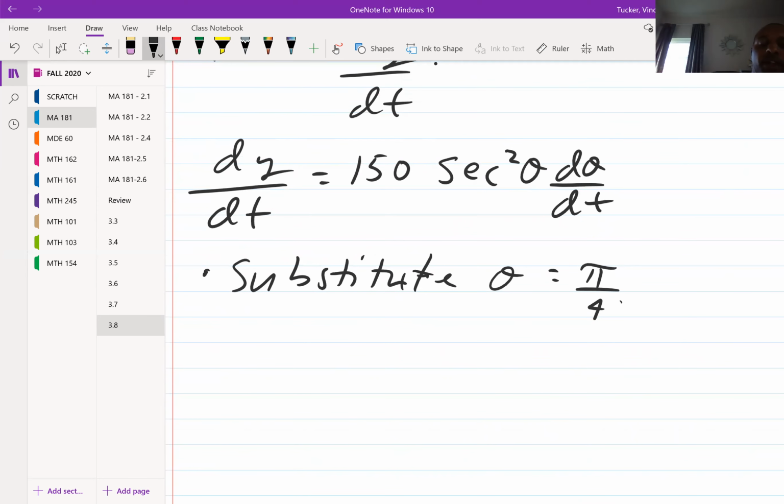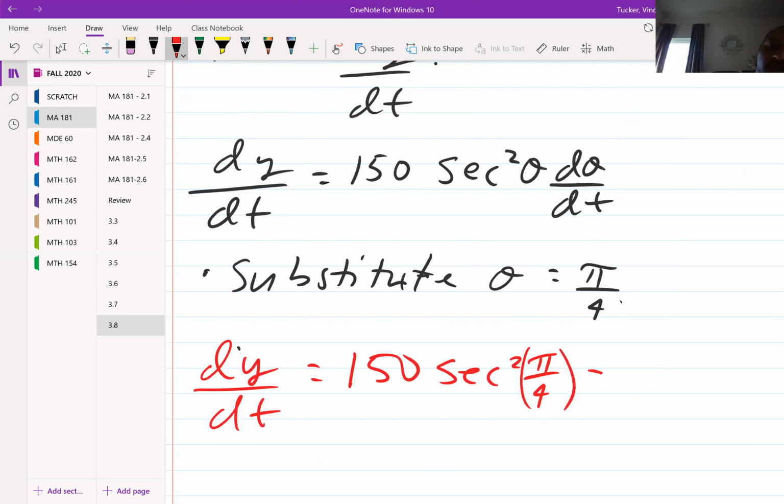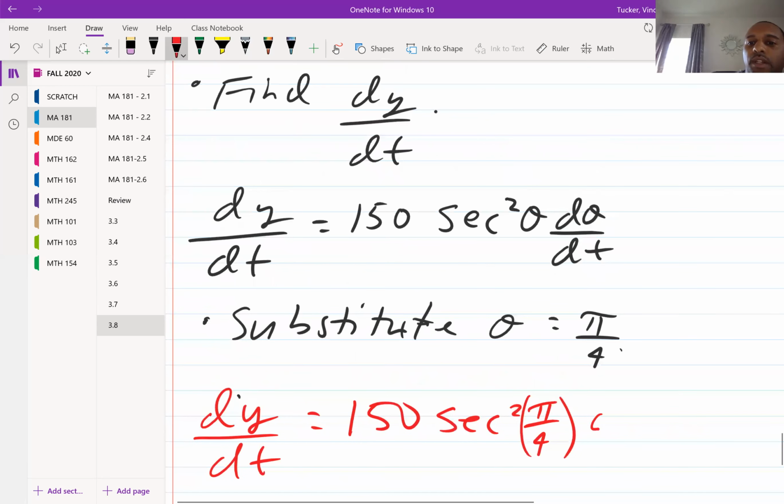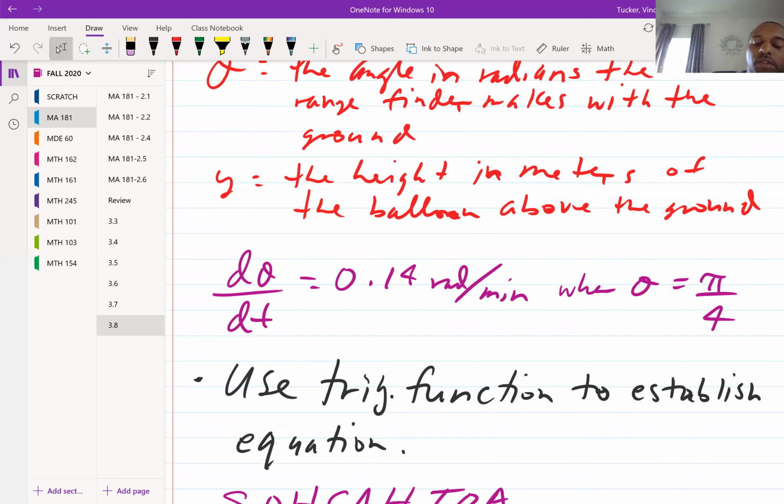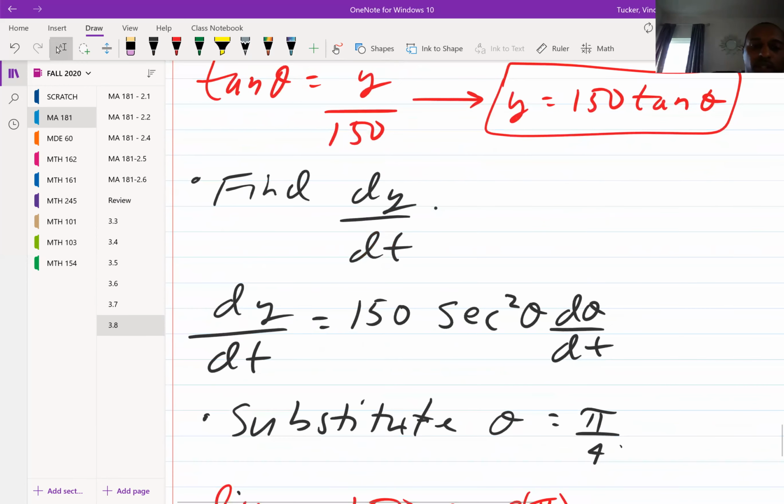We substitute in pi over 4 for theta, and also d theta/dt is 0.14, so plug in that one as well.